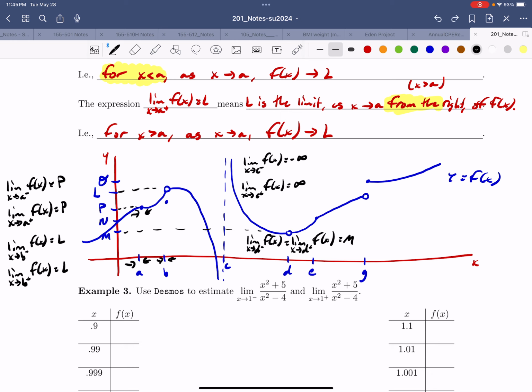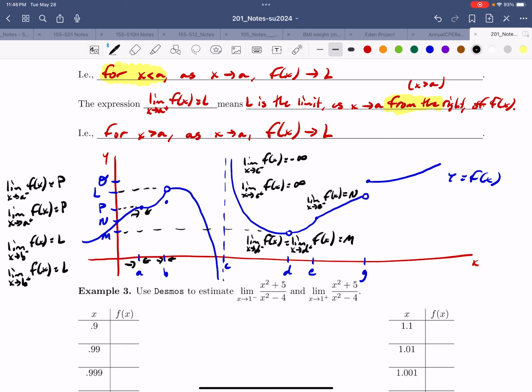We are approaching M, even if we don't get there. E is kind of a trick question. It looks a little weird, but actually, it's just N. No tricks there. The left-hand limit equals N, and the same for the right-hand limit. I don't have the space, so I'll write it down.